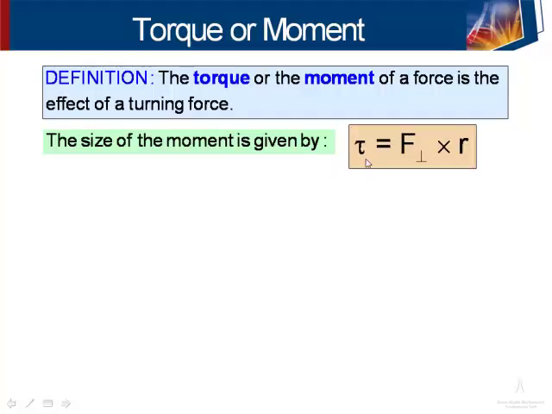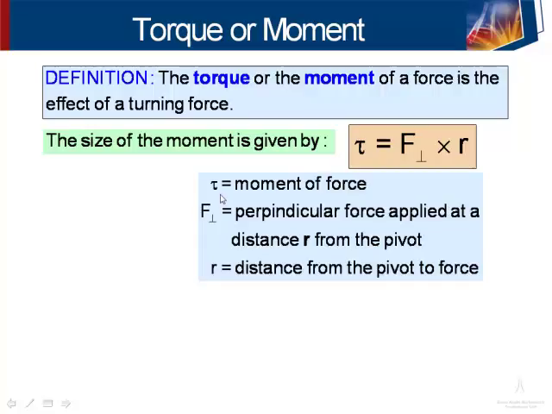Torque equals the perpendicular force applied times the distance from the pivot or the fulcrum. This symbol represents the moment of the force. This symbol, the perpendicular force, is applied at a distance r from the pivot, and r equals the distance from the pivot to the force.